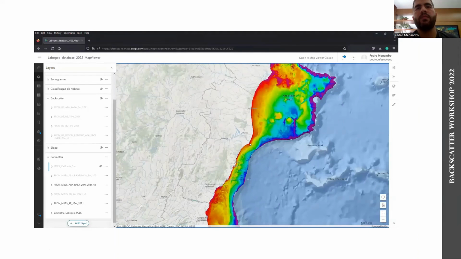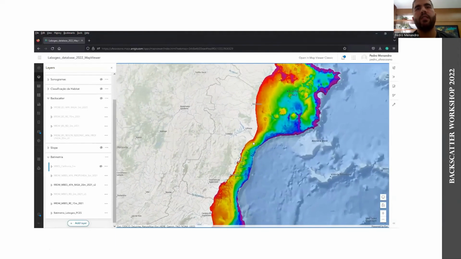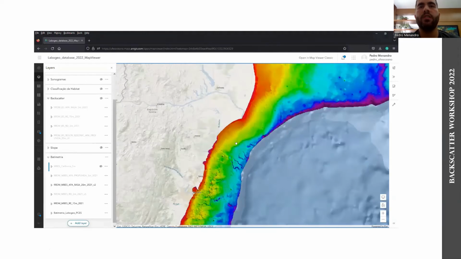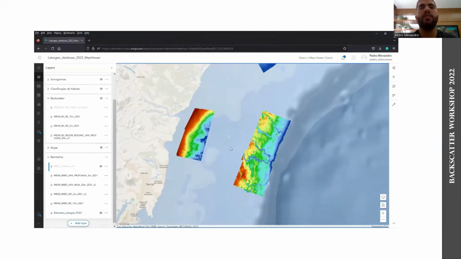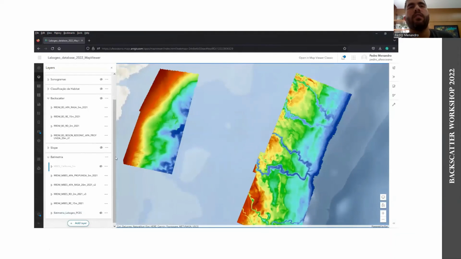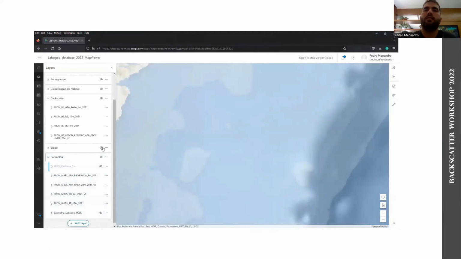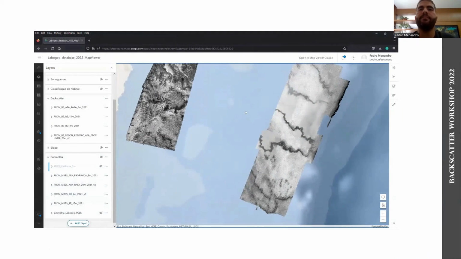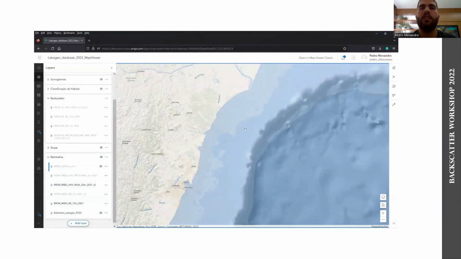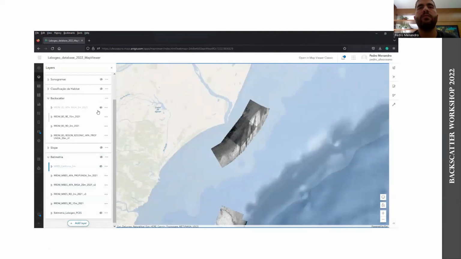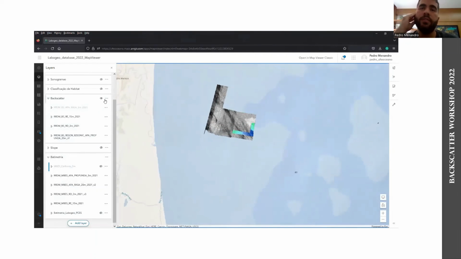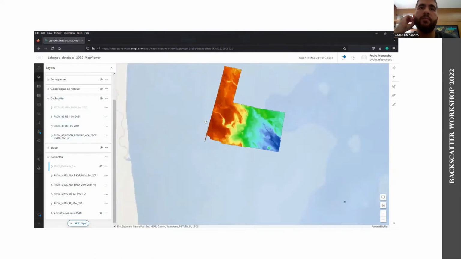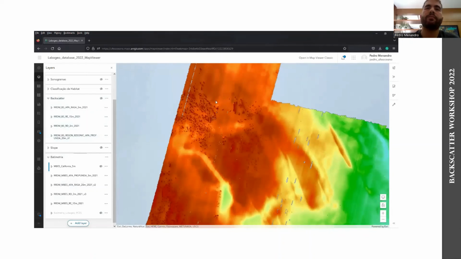We have the bathymetry of the continental shelf, not multi-beam, it's an interpolation, and then in detail the multi-beam bathymetry and the backscatter. This area is close to the Doce River mouth, with bathymetry and backscatter, and to the north, the reef areas with many reefs.